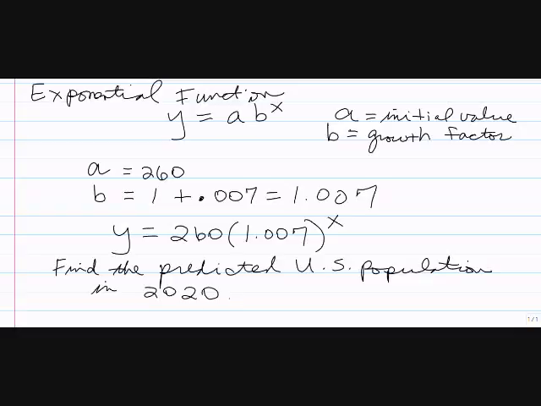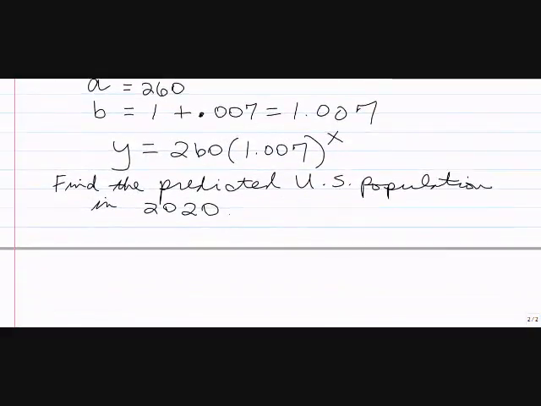So I'll use this function, y equals 260 times 1.007 to the x power.